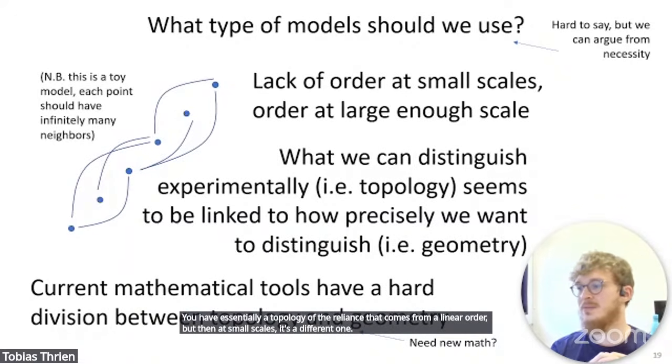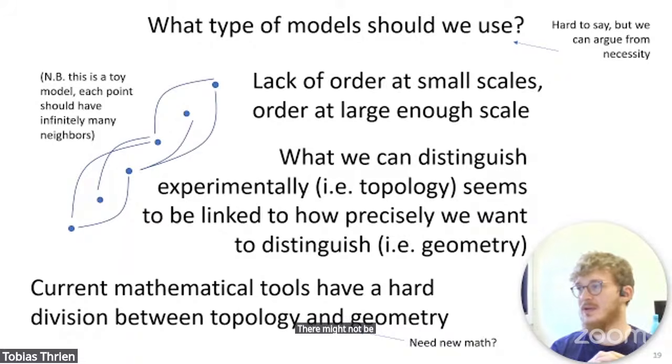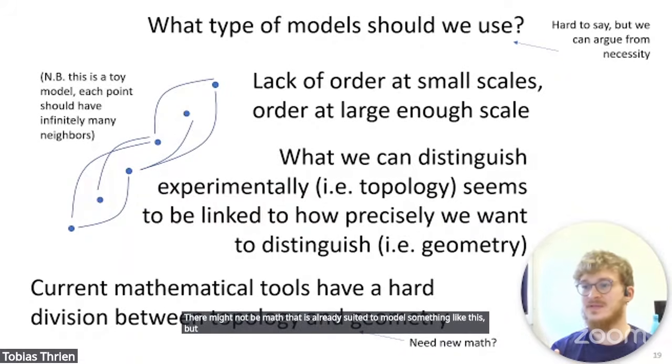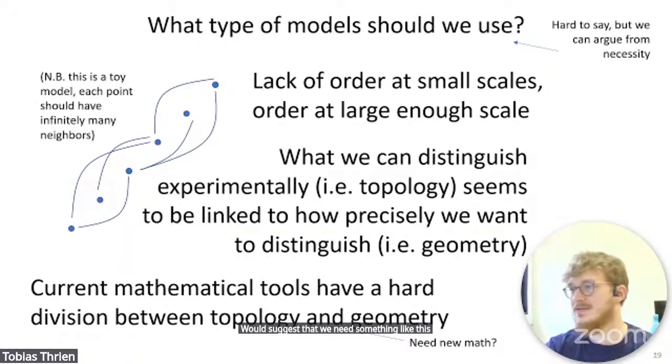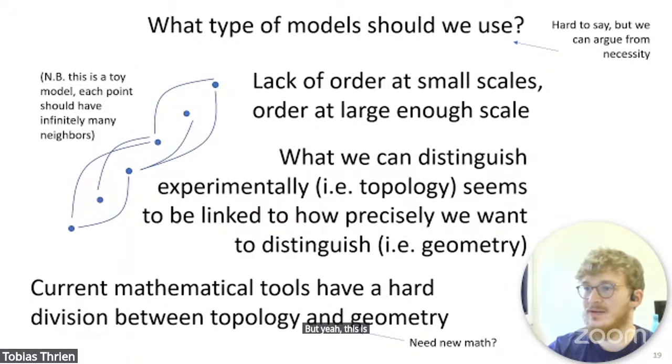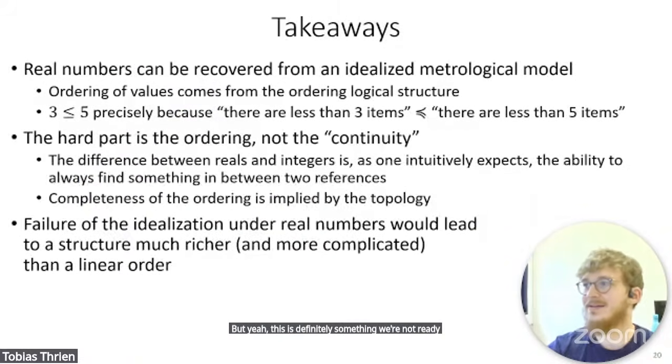There might not be math that is already suited to model something like this. But the physical intuition that at small scales you might not be able to distinguish anymore what is before or after the other one would suggest that we need something like this. But this is definitely something we're not ready to attack yet.